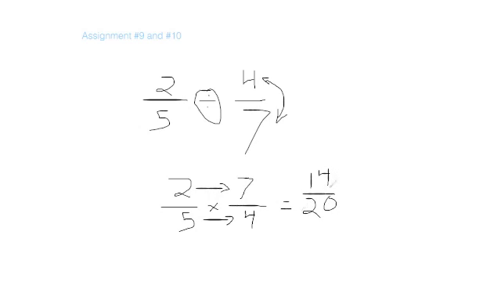Since they're both even numbers, we can divide by 2, or simplify by 2. So now this is going to be 7 over 10, and that's going to be your answer there. So 7 over 10.